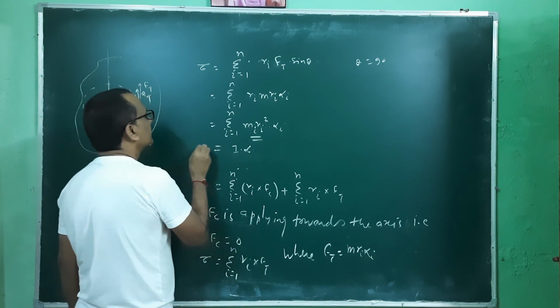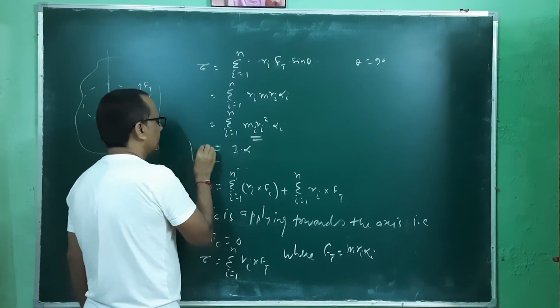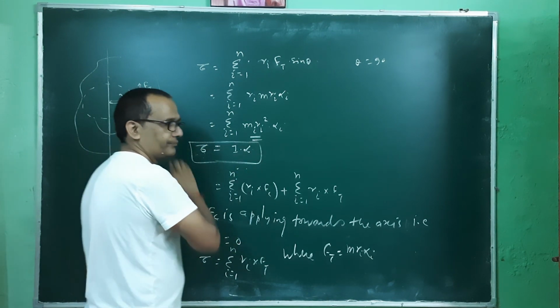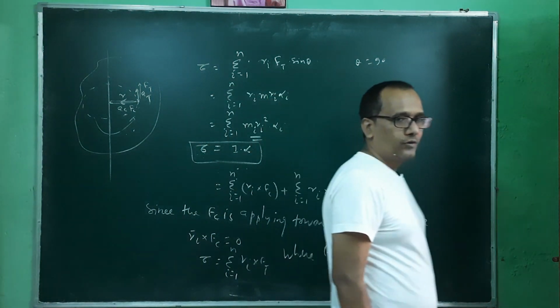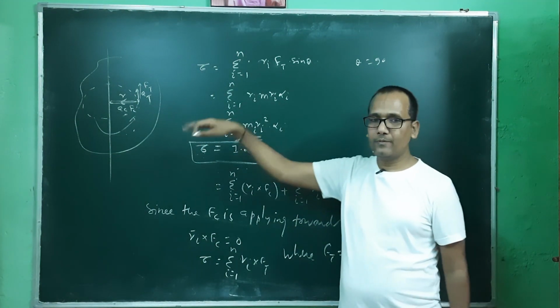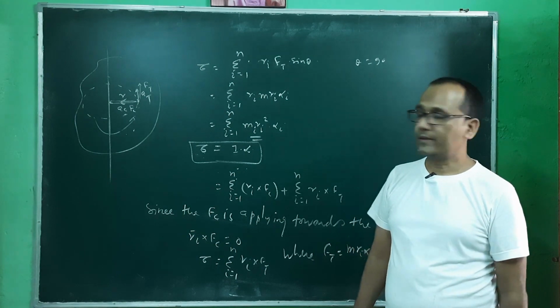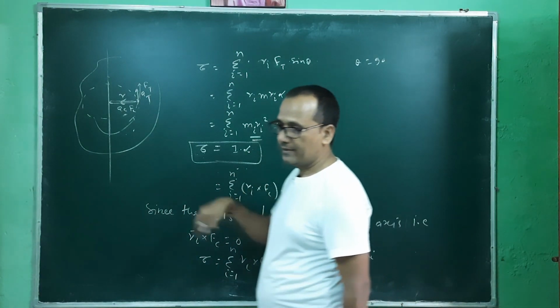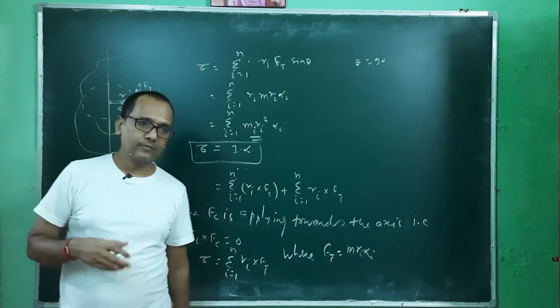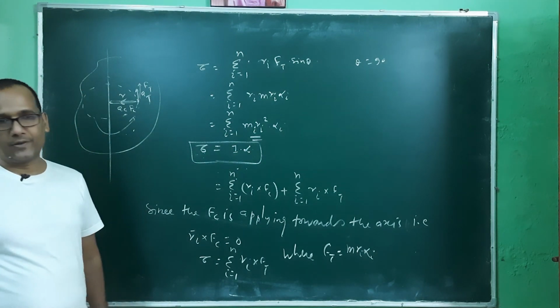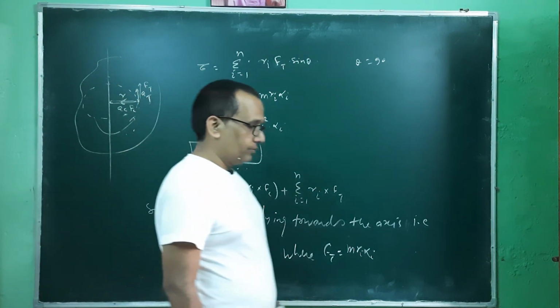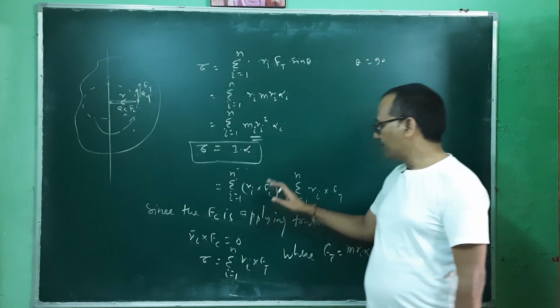So I is the moment of inertia of the complete body about the center, and alpha is the angular acceleration.